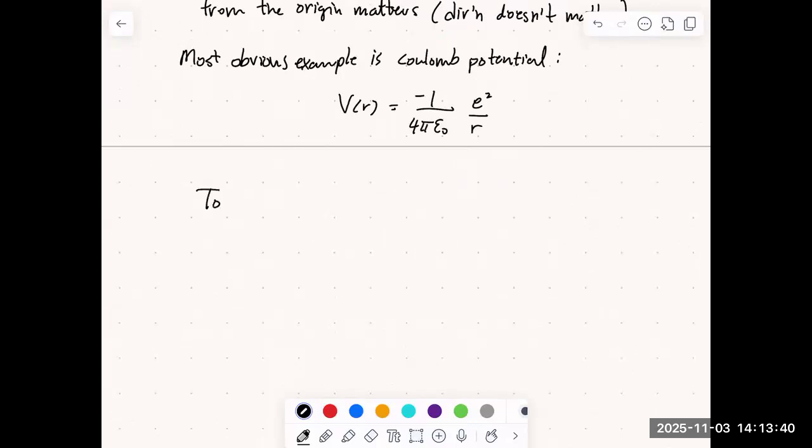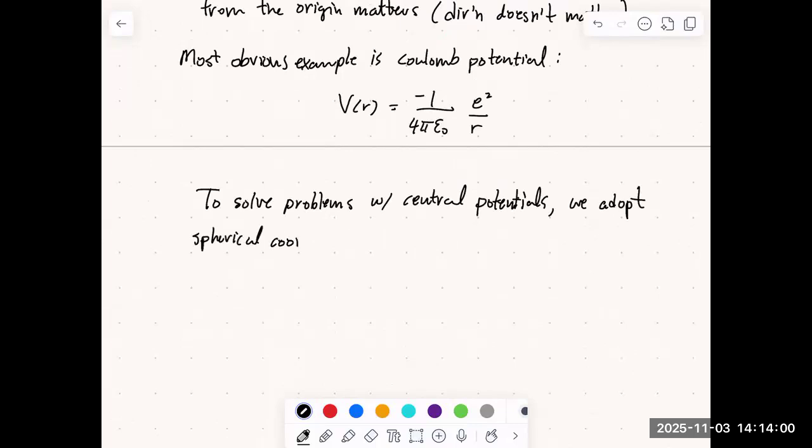So to solve problems with central potentials, we adopt spherical coordinates, in which the Laplacian del squared is given by, okay, it's a bit of a mess.